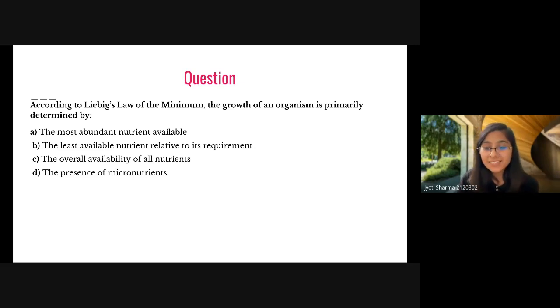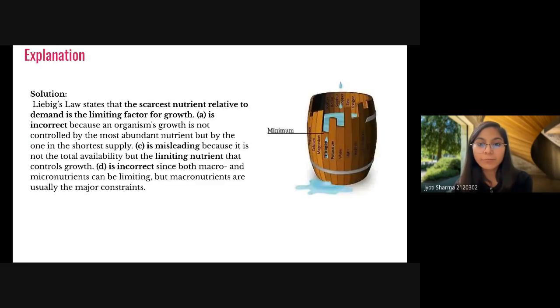This should be the B answer actually. Why is this B? Let me show you the figure here. For example, for growth we need a lot of nutrients. So here you can see there is a pot, and that pot has some calcium, magnesium, nitrogen, potassium, water.